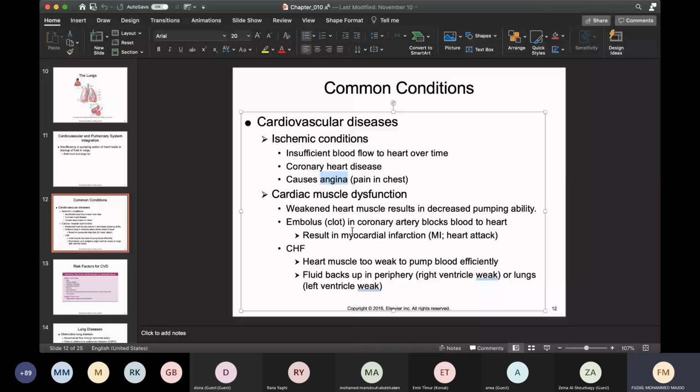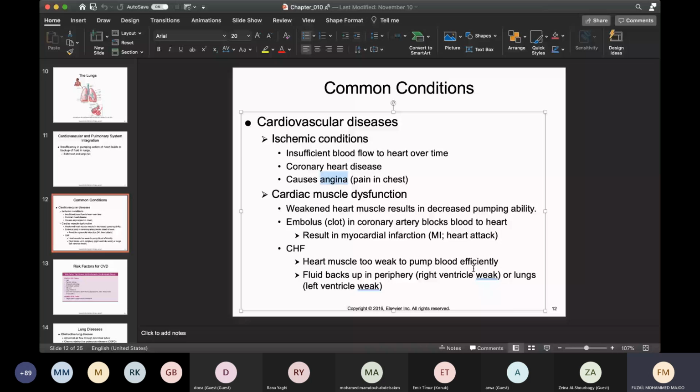Congestive heart failure, CHF: again, the heart muscle is weak. It's not strong enough to pump blood effectively, so fluid starts to back up. There are two types, right and left ventricular hypertrophy. If you have right ventricular hypertrophy or right-sided heart failure, you end up backing up blood to your hands, your limbs, perhaps your face.